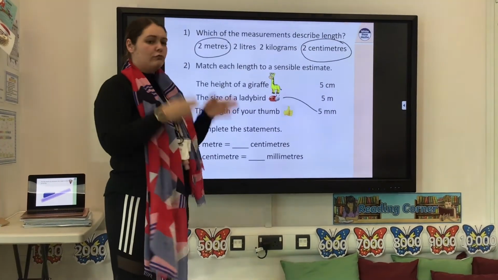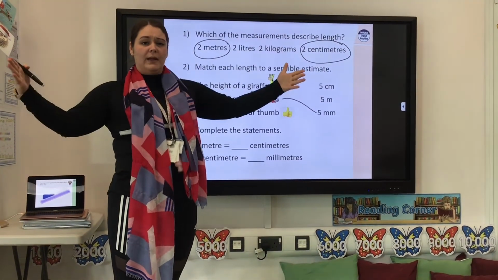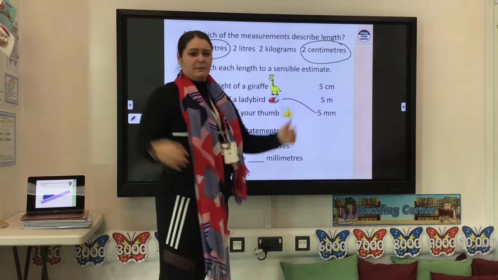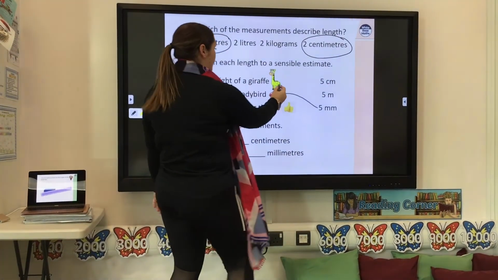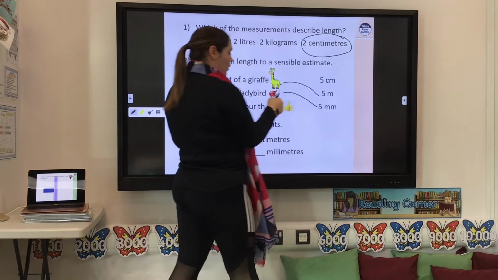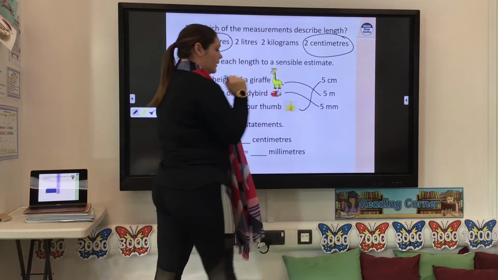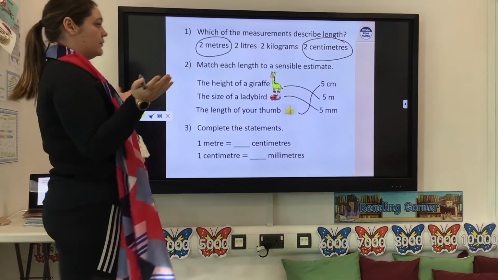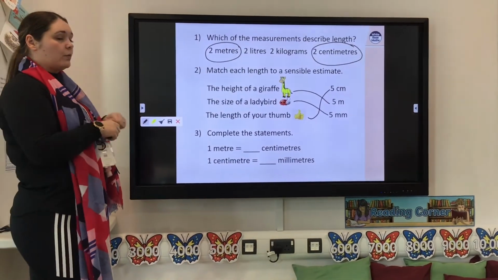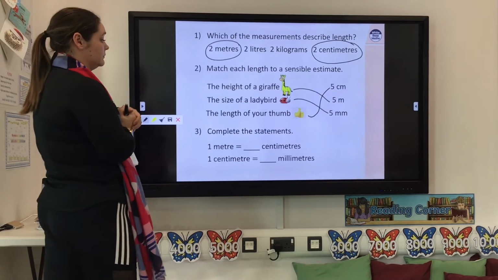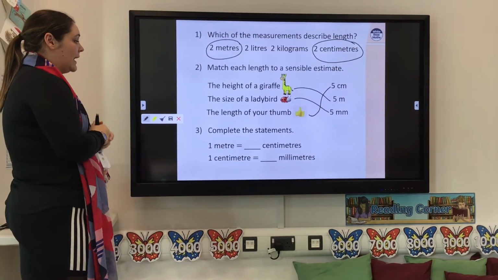Well, if you think about your ruler and then you think about the metre stick we had earlier, 5 metres must be 5 of those metre sticks. That's quite big. So I'm going to go for the giraffe for 5 metres, which means your thumb must be about 5 centimetres. There we are. That was really good there. We worked through with our skills and we deduced which ones it could be and which ones it couldn't. So well done.